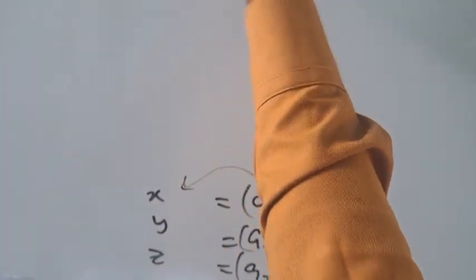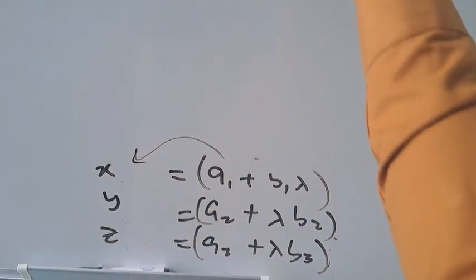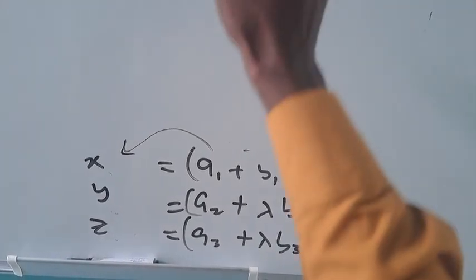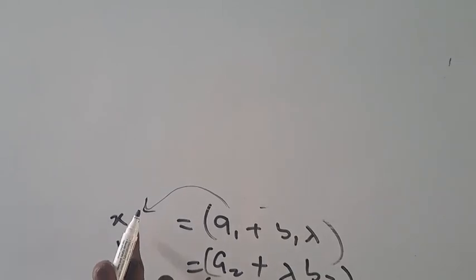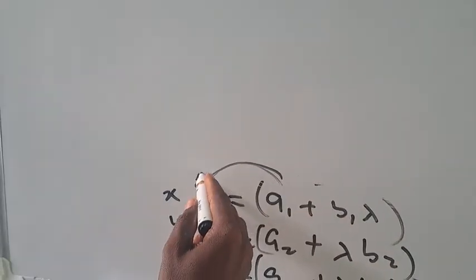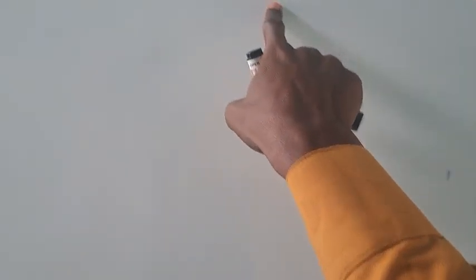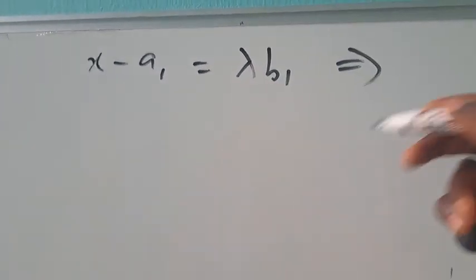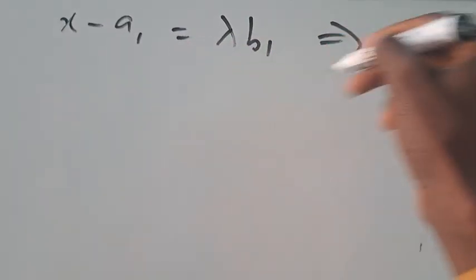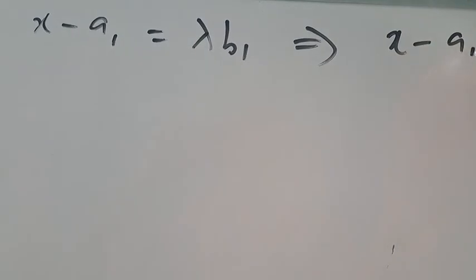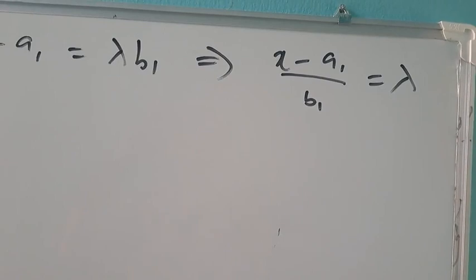So x minus a1 will now be lambda b1, which means that x stays, a1 comes and meets it, and we have b1 left. Making lambda the subject, we divide by b1. So x minus a1 over b1 is now equal to lambda.